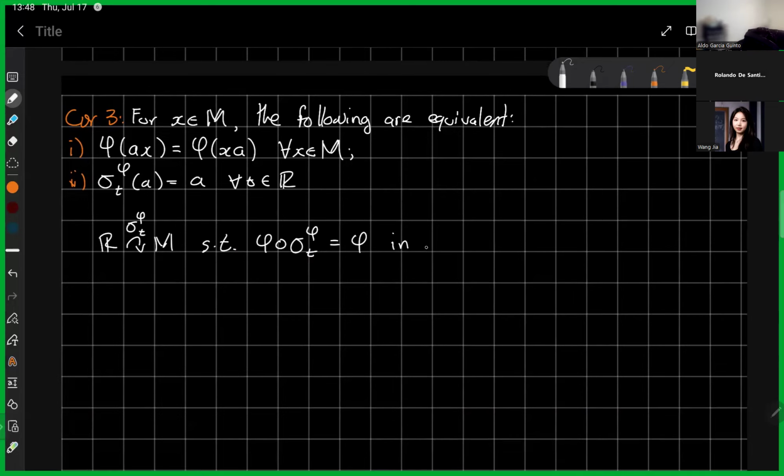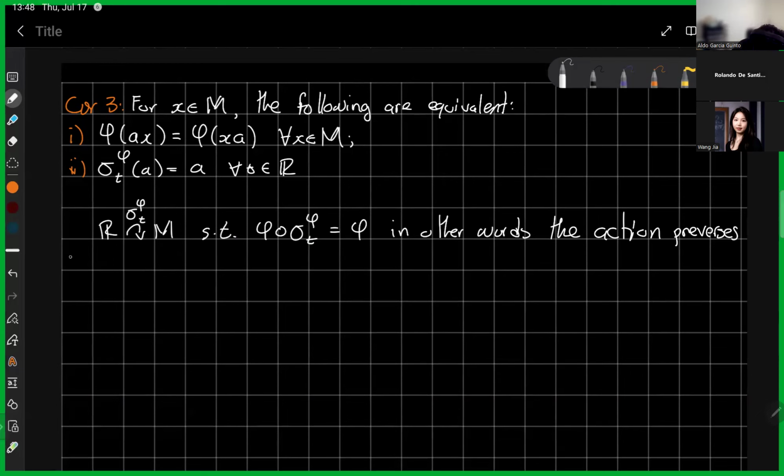In other words, the action preserves the state here.